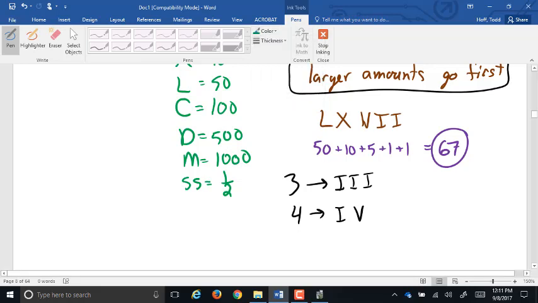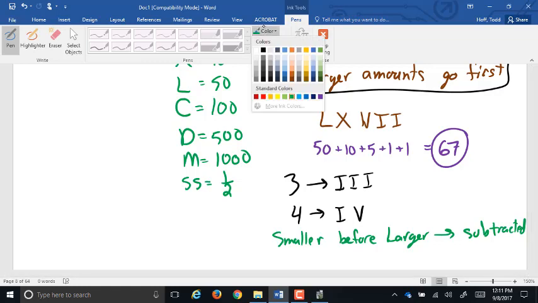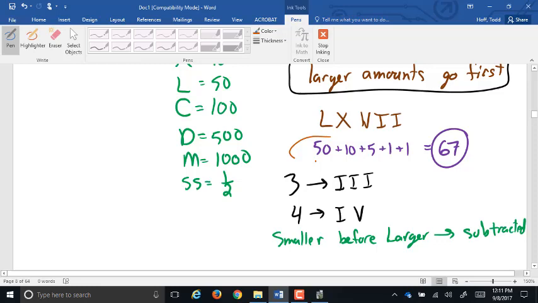When a smaller symbol is before a larger one, that means it's subtracted from it. So whenever we look at a symbol, like up here, I just wrote down the numerical value for each symbol and add them together. But whenever we look at a symbol, we really should look at the one after it to make sure the symbol that comes after it is smaller.